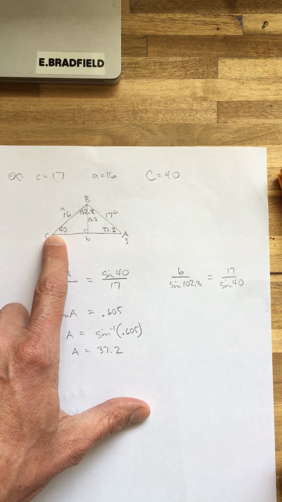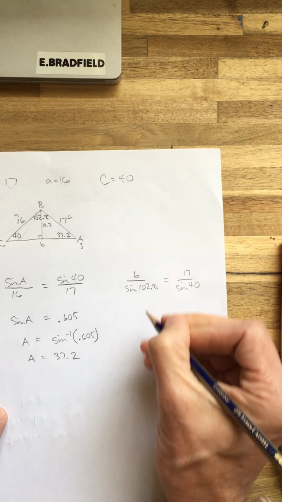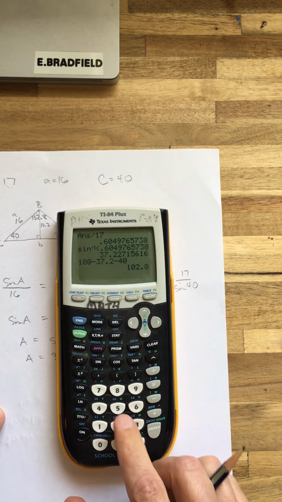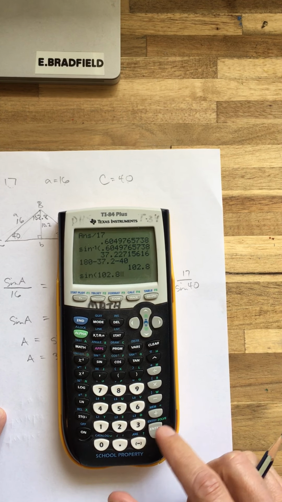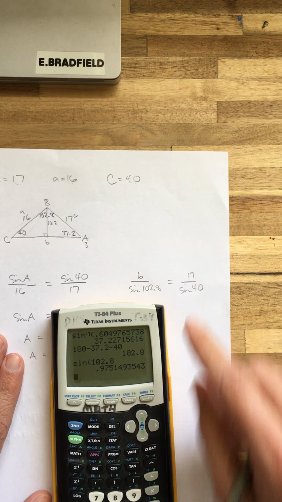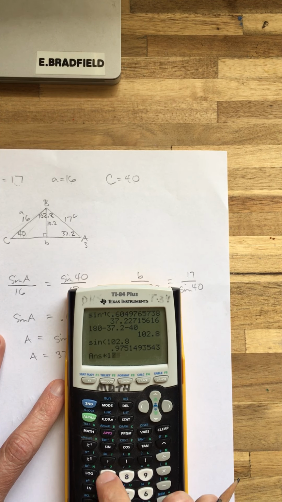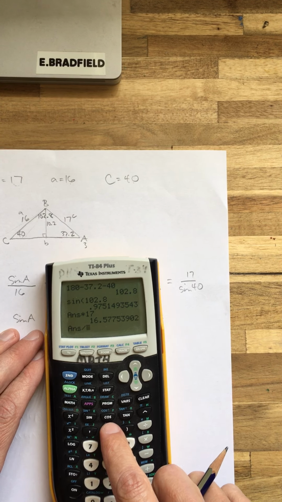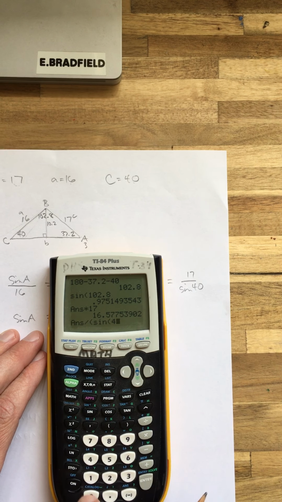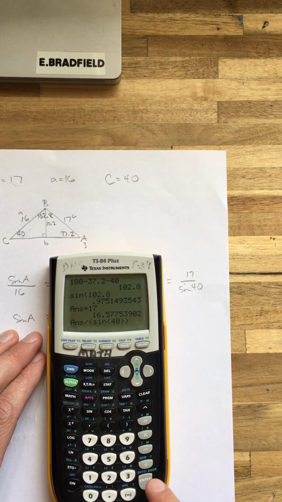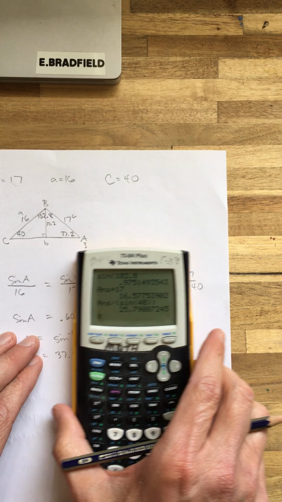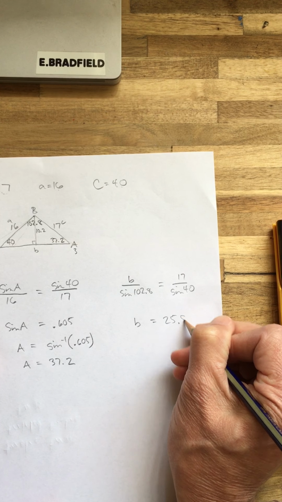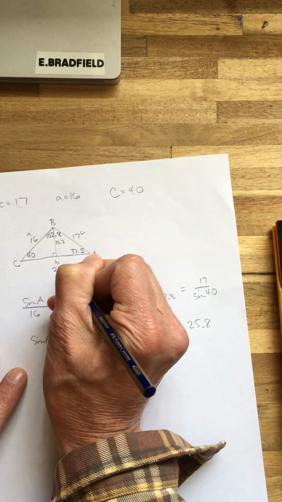So to solve for B, B equals sine of 102.8 times 17, divided by the sine of 40, in parentheses. And I get 25.79. Let's just round it to 25.8, and there's my side B, 25.8.